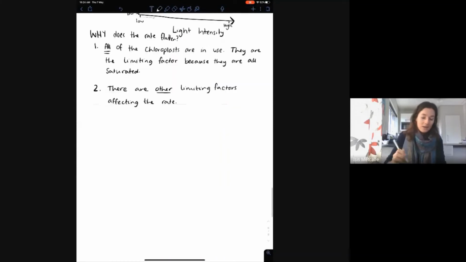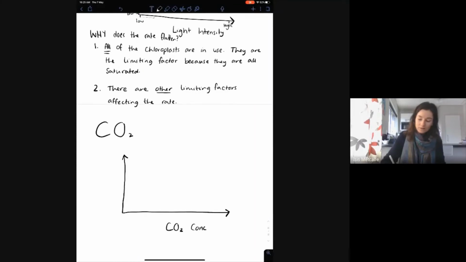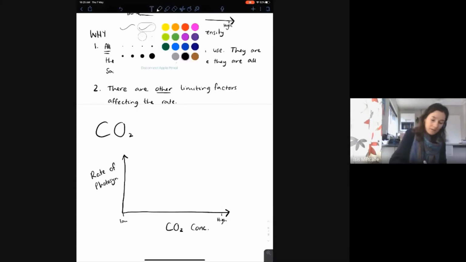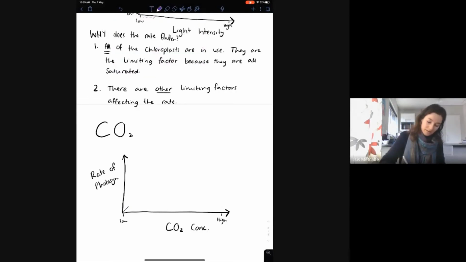And I'm going to just make it really easy. Carbon dioxide shows the exact same graph. So if we have a graph like this again, but now we've got carbon dioxide concentration, let's say, and then again, rate of photosynthesis, we see a very similar pattern.